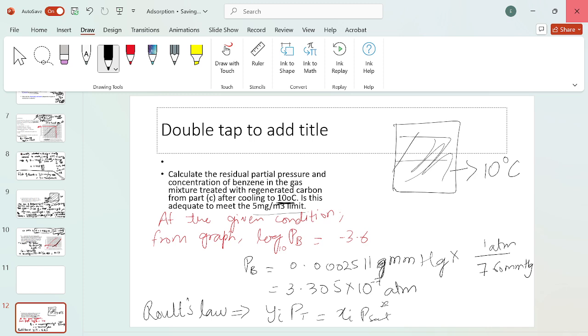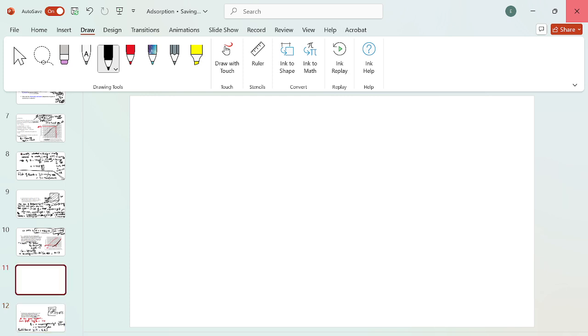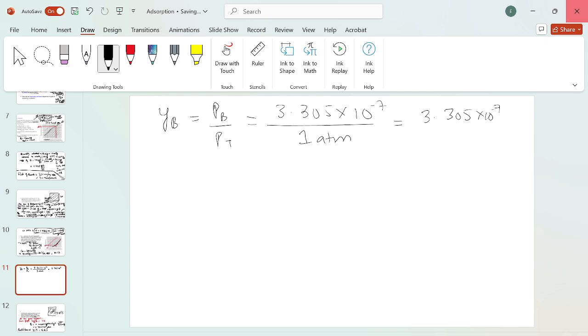So now we will put the values. We already calculated the value in atm. Now convert that fraction to mass.